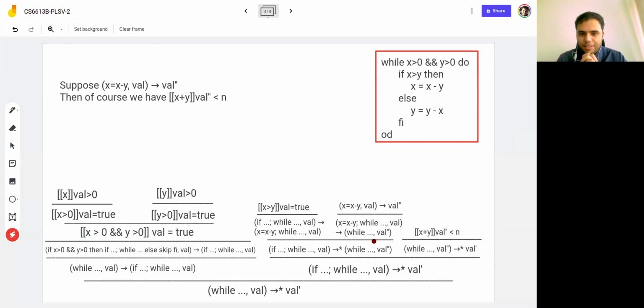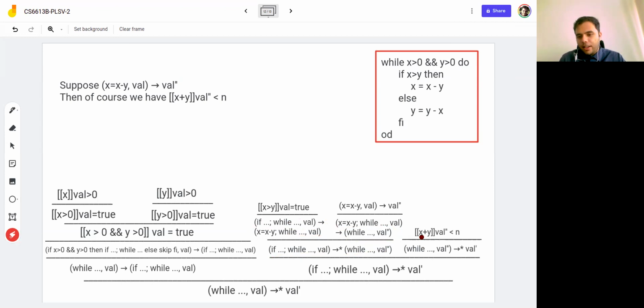Yes, exactly. It's the transitive closure rule. Because I'm starting from a program and a state and going to another program and state. And then from that place, so this is the same as this one, I'm going to somewhere else. So I can just put them together and go from the very first one to the last one. And this is the transitive closure rule.